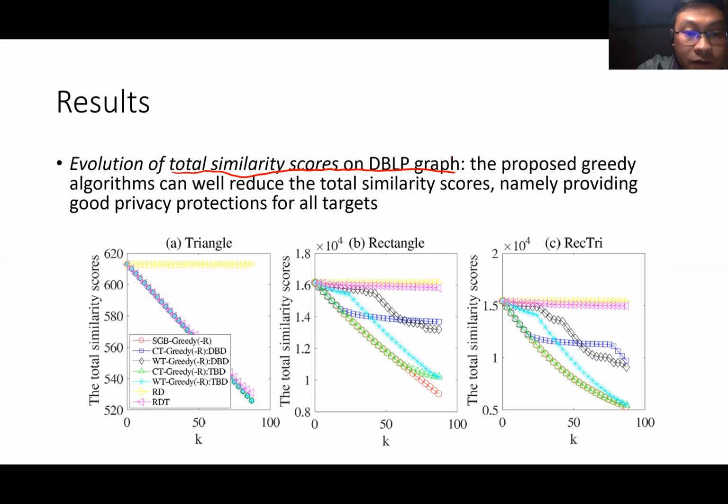In this work, we use three subgraph patterns: triangle, rectangle, and another very complex one. In all our experiments, the results show that the SGB greedy achieves the best results in all subgraph patterns.